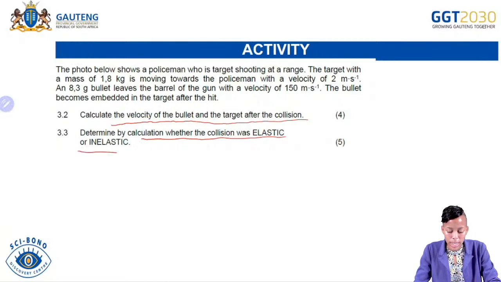Okay, so learners, for this one, I'm going to give you about 4 minutes to do these calculations, 3.2 and 3.3, and then we are going to do it together.